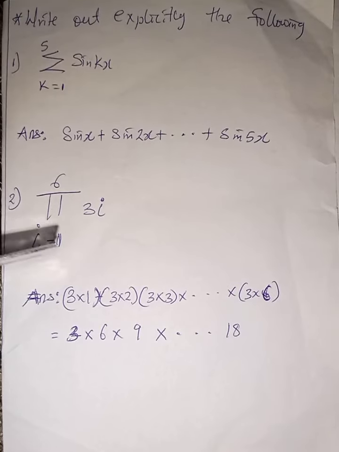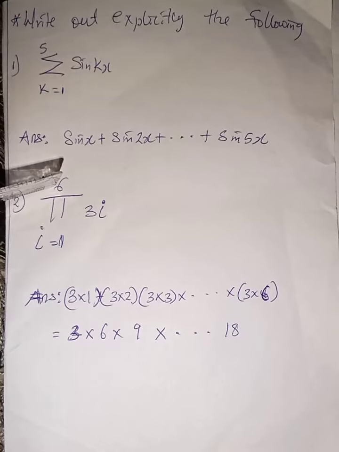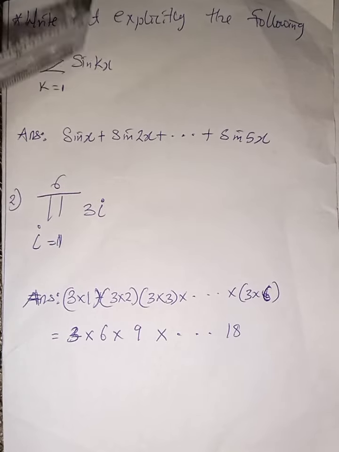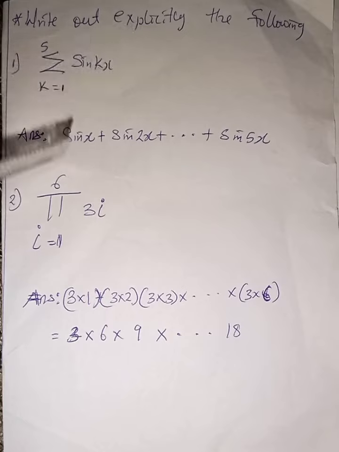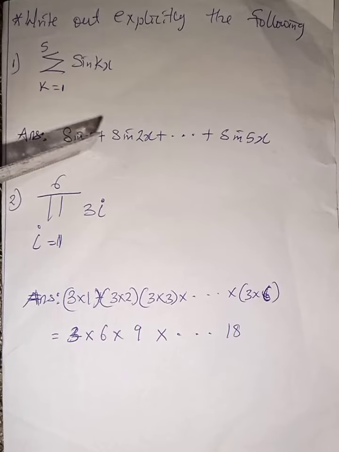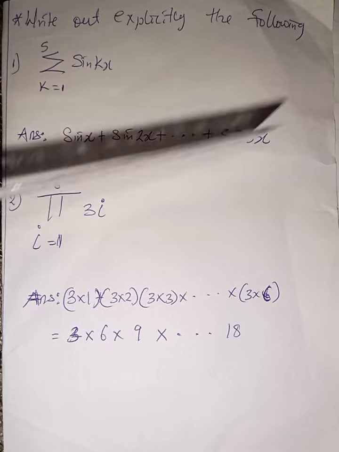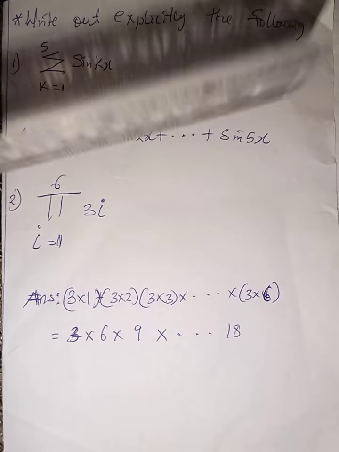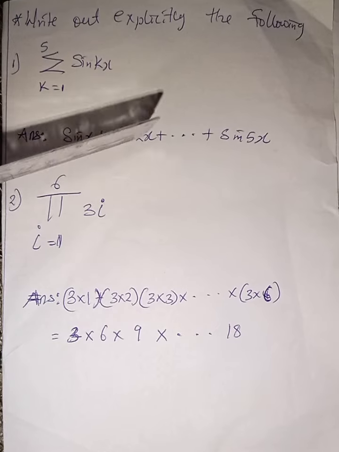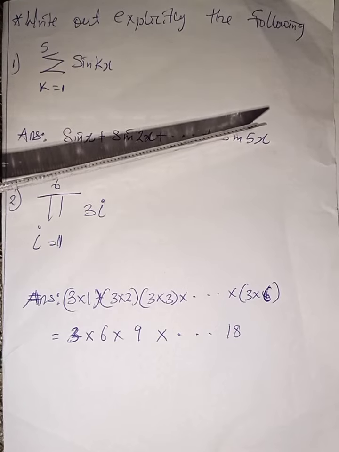Anywhere you see i, put 1 until you get to 6. So if you are putting k in where you are seeing k here, when k is 1, 2, 3, 4, 5 to get to 5. That's how to do it. So this is the first term, second term, to get to the fifth term.